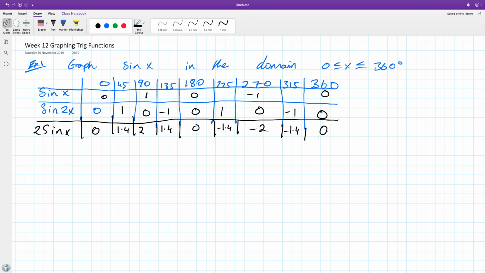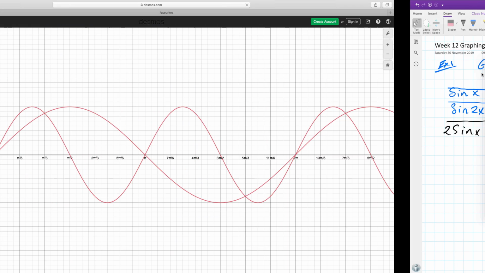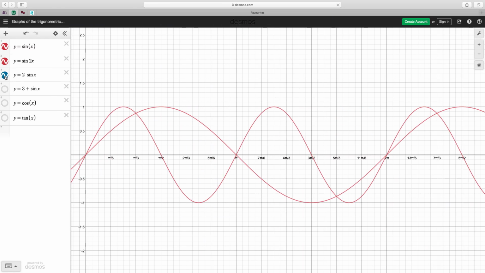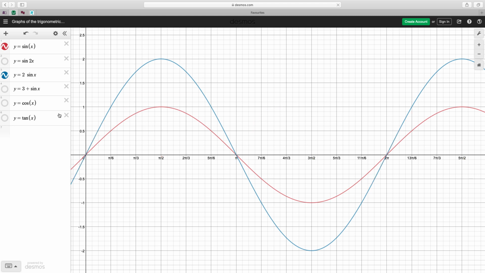And if we look at the graph then and what it looks like, we compare it to the original sine of x. What can we see? What has changed? All we're looking for right now is from 0 to 360, 2 pi, the maximum.